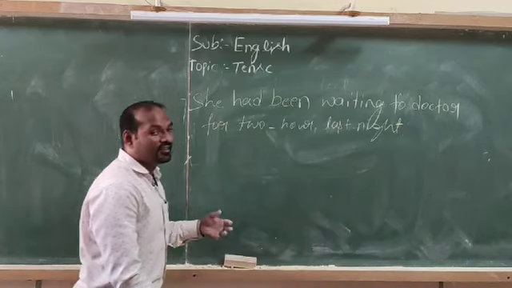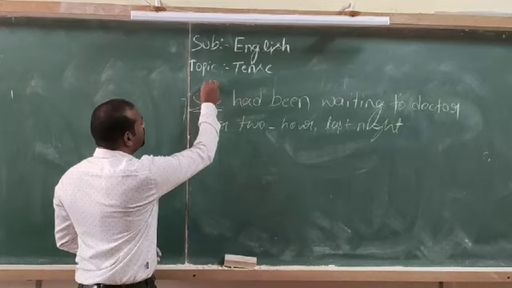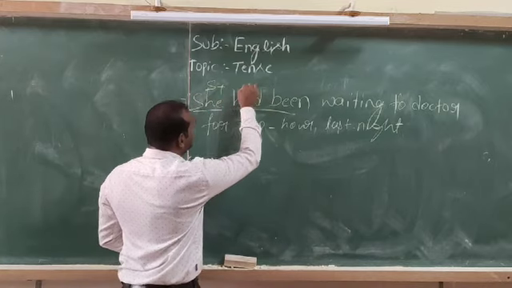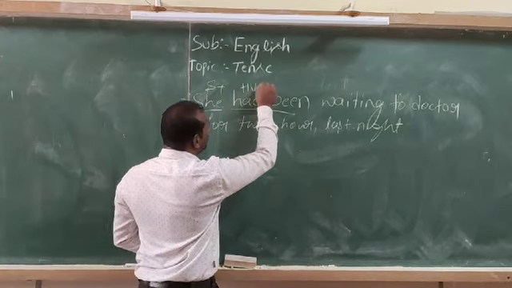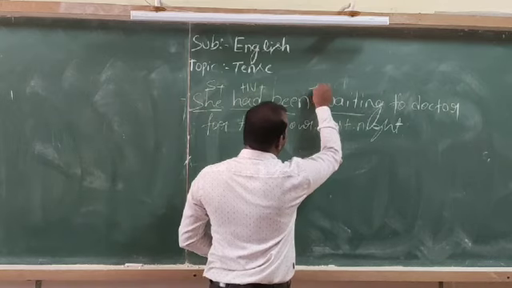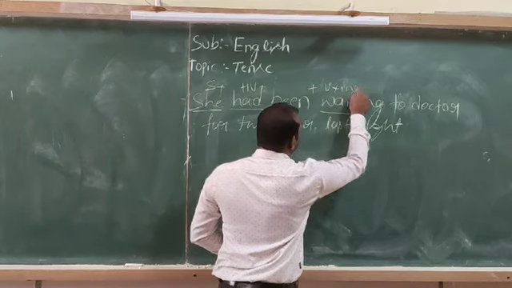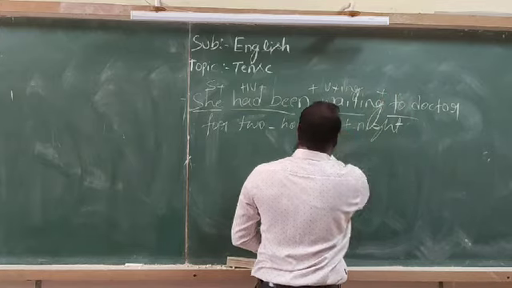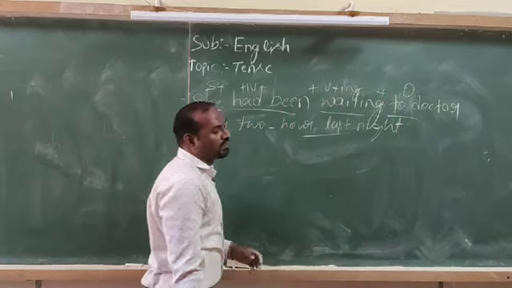It's a lengthy example. Here she stands for subject, had been stands for helping verb, waiting stands for verb plus ing, and the rest of the sentence stands for object.